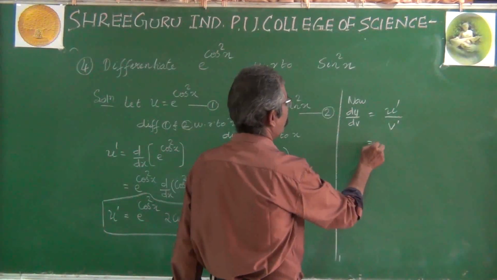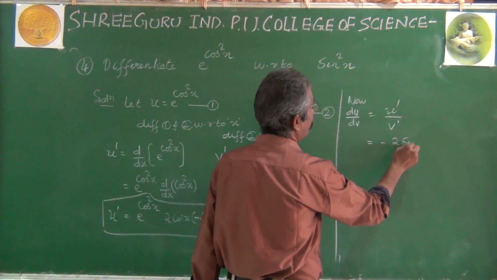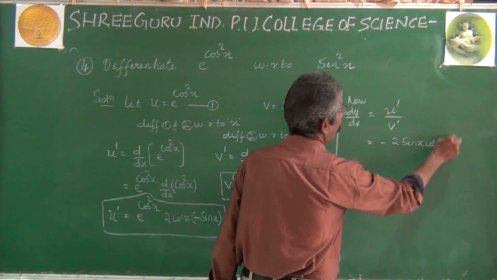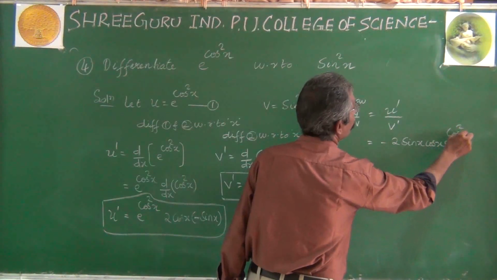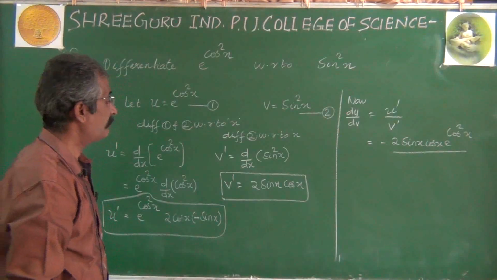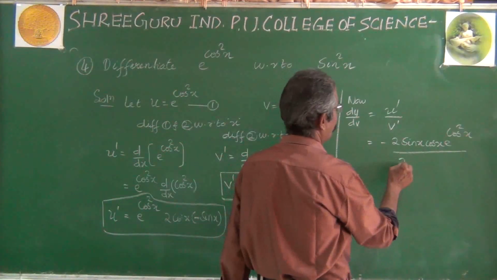U dash value is minus 2 sin x into cos x into e raised to cos square x, divided by v dash value, which is 2 sin x into cos x.